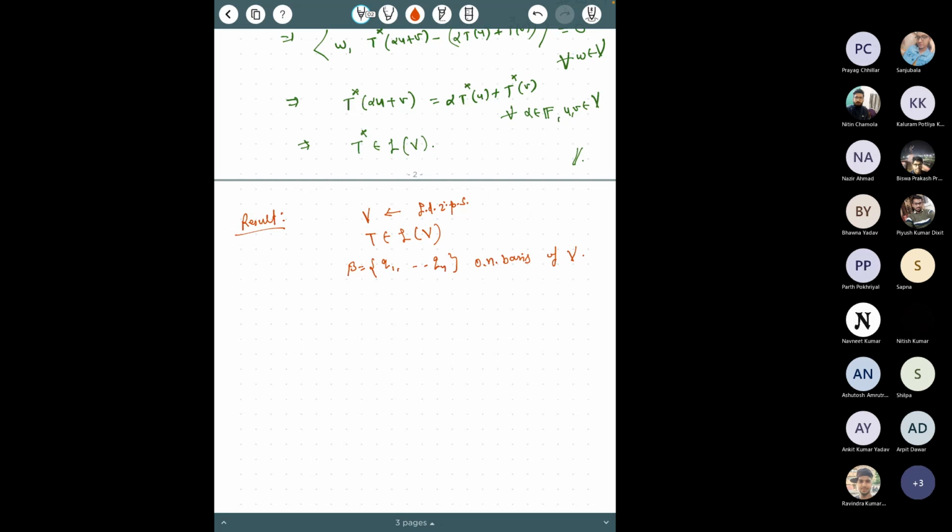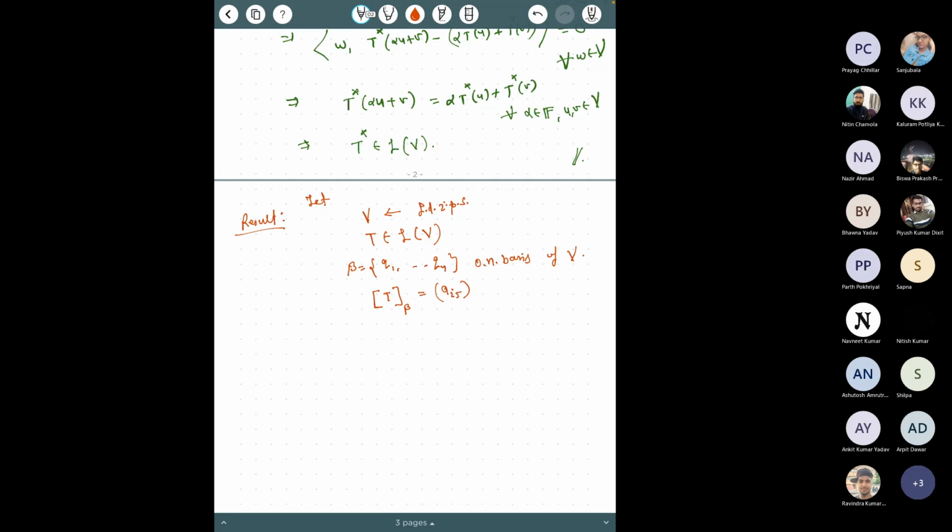Then since V is finite dimensional and T is a linear operator on it, we can find its matrix representation. So let's say the matrix of T with respect to this basis B is equal to this matrix A, where the entries are denoted by Aij.